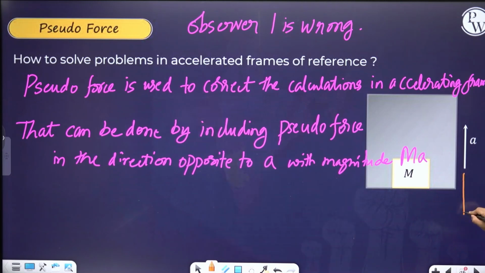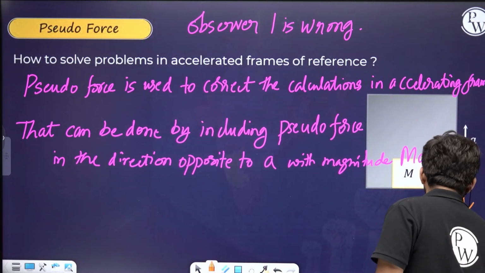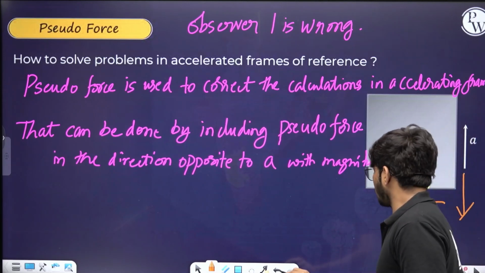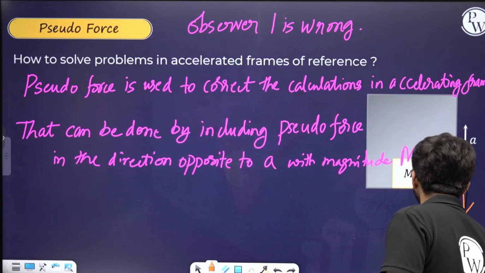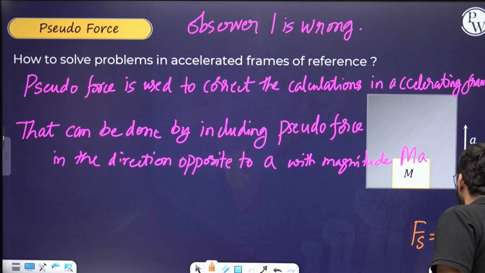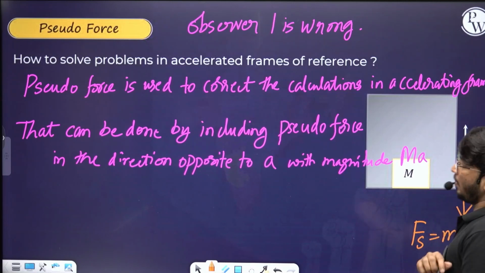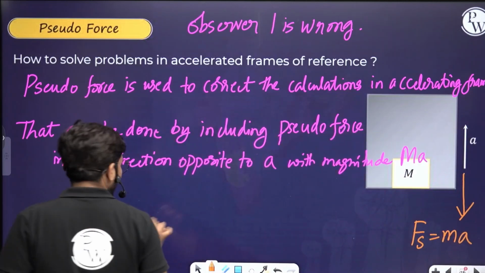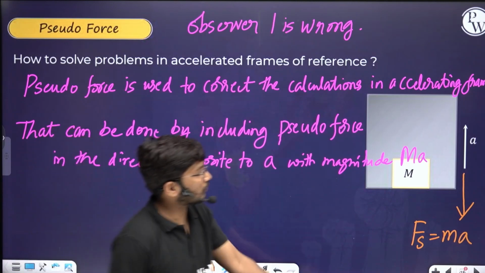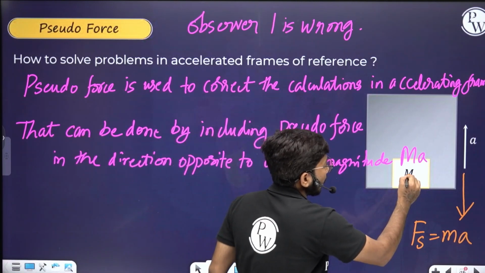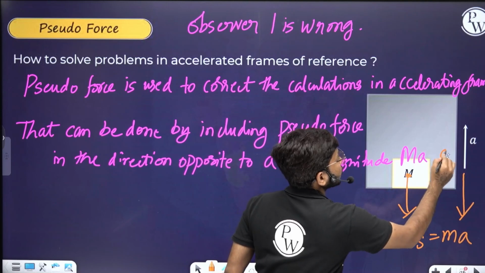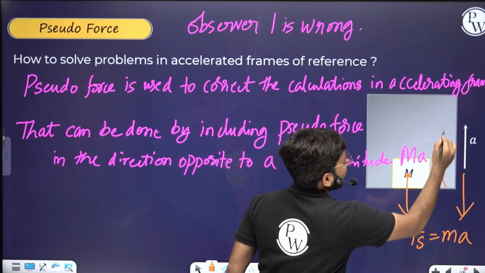Pseudo force should be in the direction opposite to the acceleration of the frame. This Fs should be equal to m a. Now observe, now include the pseudo force and try to solve the problem according to this O1 guy, observer 1.